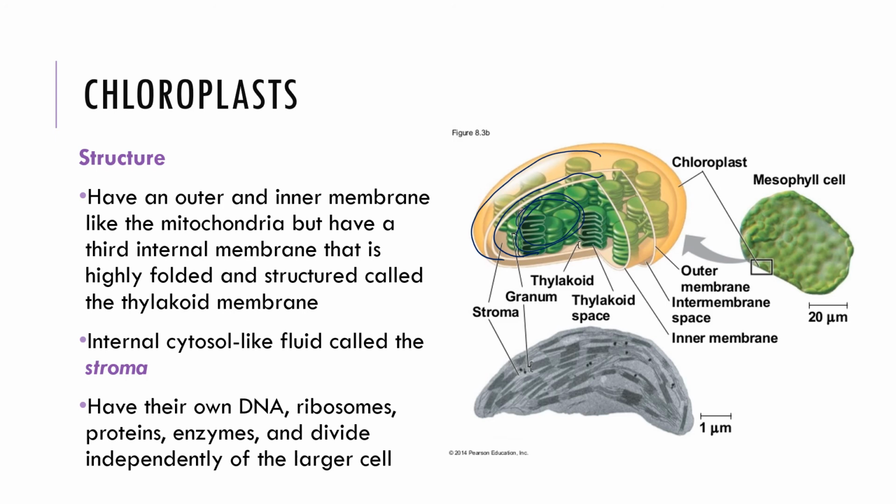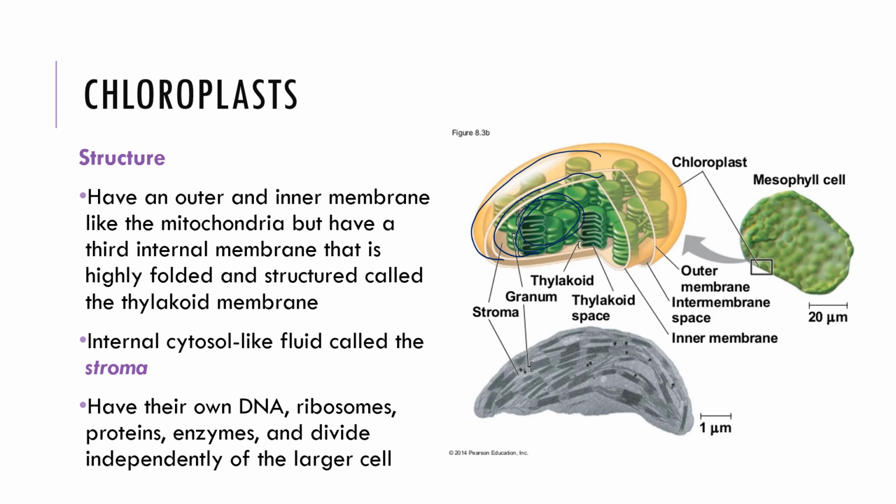So this kind of hints that the chloroplast may have been swallowed by one cell, which was then swallowed by another cell, or it was swallowed twice essentially because it has two outer membranes. Now, the internal cytosol-like fluid, we call it the stroma. In the mitochondria, it's the matrix, and in the chloroplast, it's the stroma. Another hint that these are probably part of the theory of endosymbiosis.